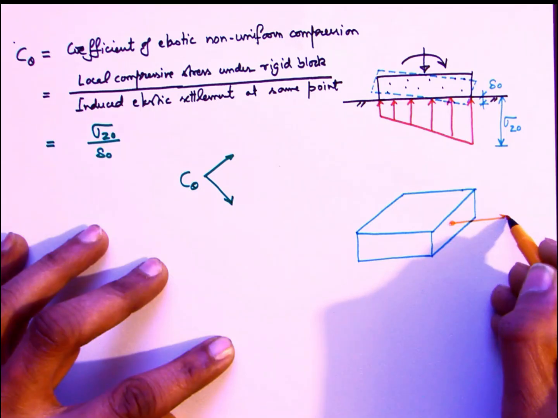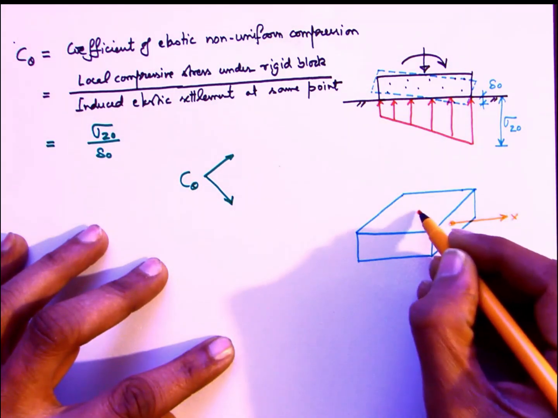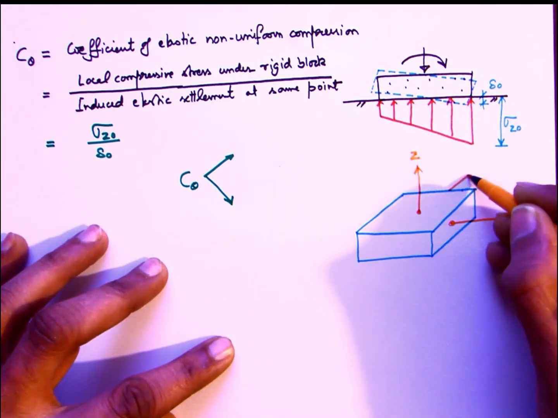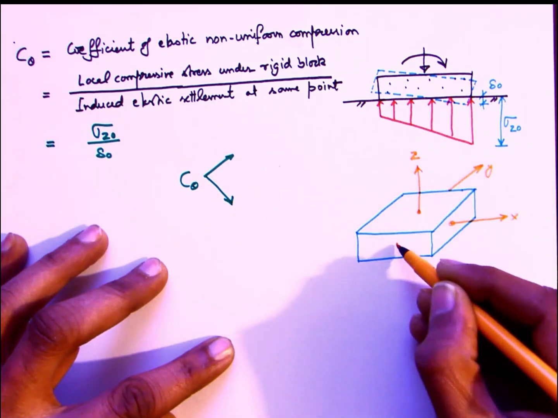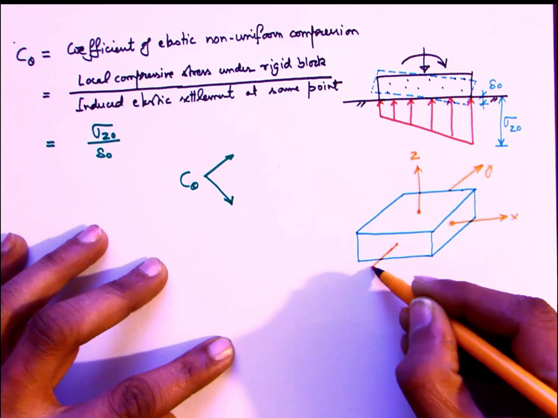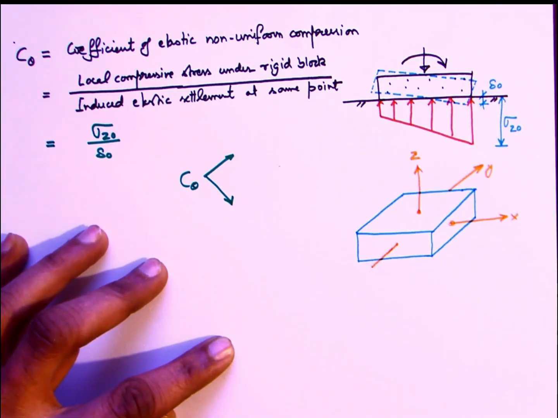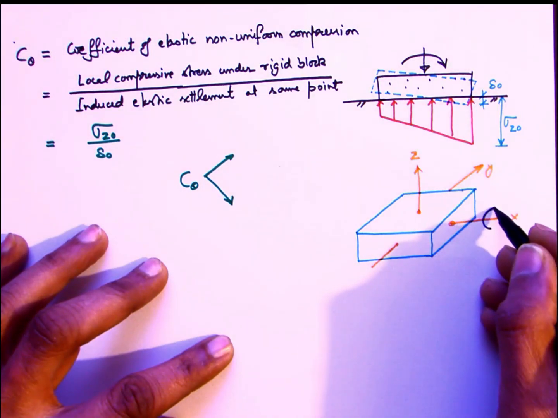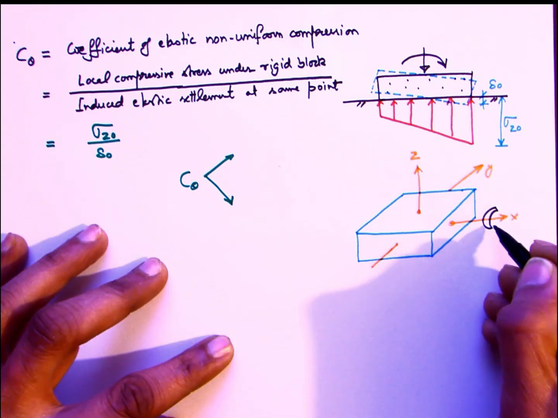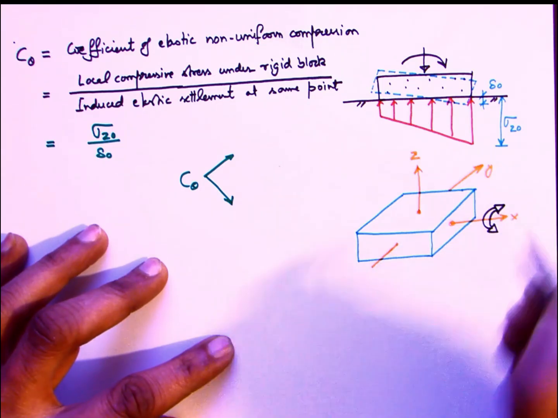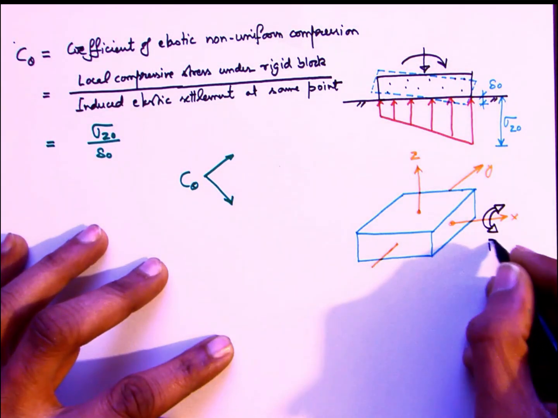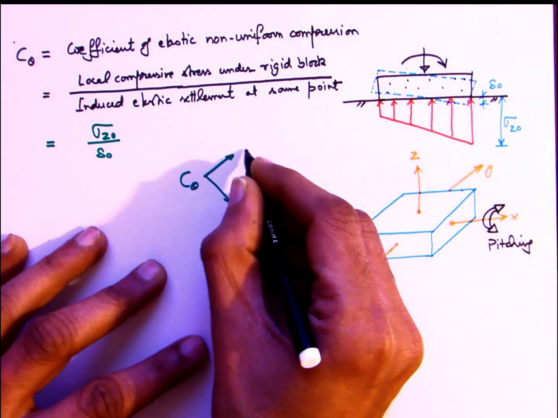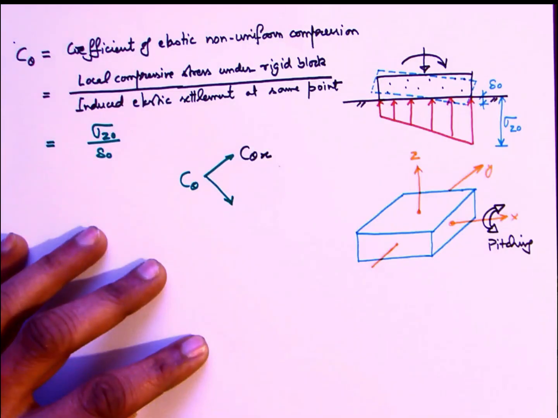So if the vibrations are taking place in terms of rotation about the x-axis, this type of motion is basically pitching, and the corresponding C theta is indicated as C theta x.